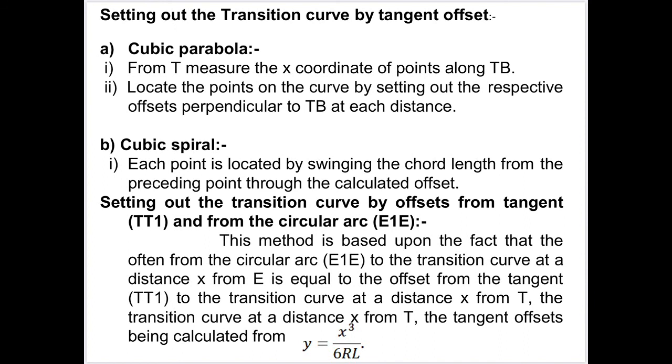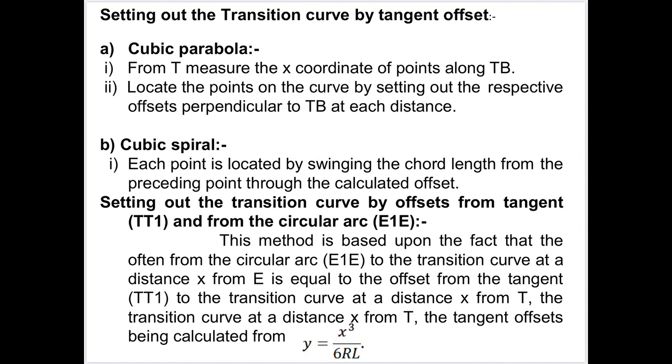This is nothing but your offset from long chord, in which we use the chord, but here we are using tangent offset. So from the tangent we have to take out the offsets. And second, the cubic spiral, as we know we have different types of curves.